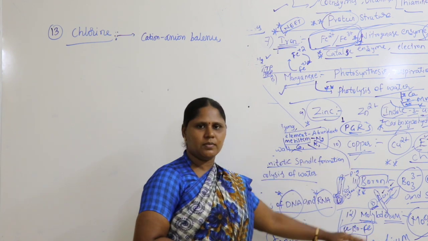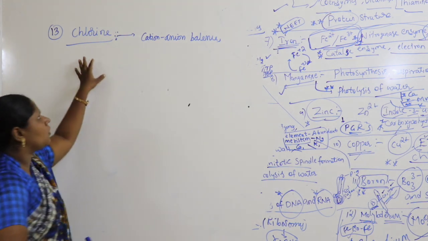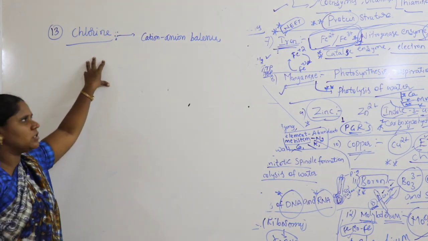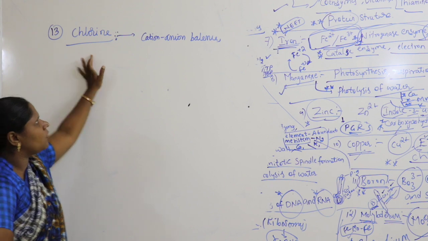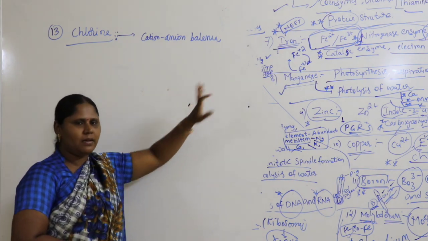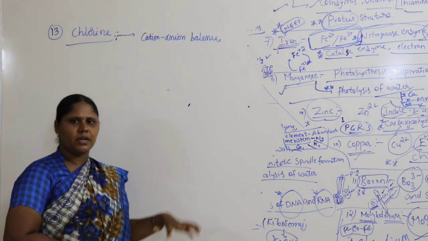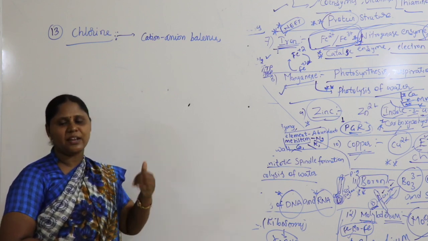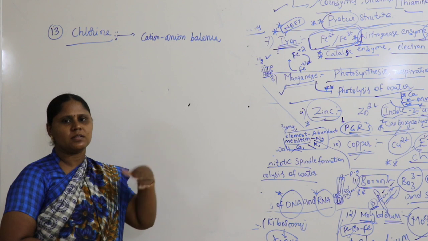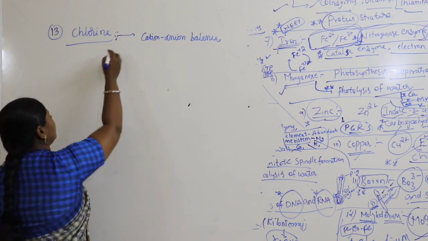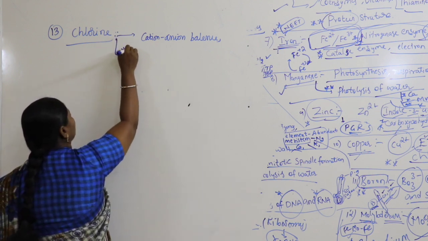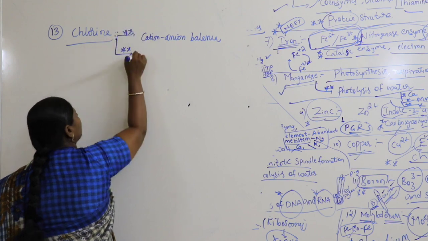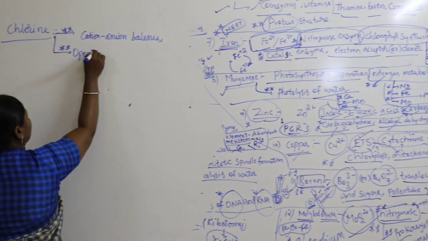Now, in continuation, let us go with chlorine. Exactly like potassium, chlorine also plays an important role in cation-anion balance. In the cell membrane, if the cation concentration is more, it allows the anion. If the anion concentration is more, it allows the cation. Similarly, it also plays a very important role in opening and closing of stomata.